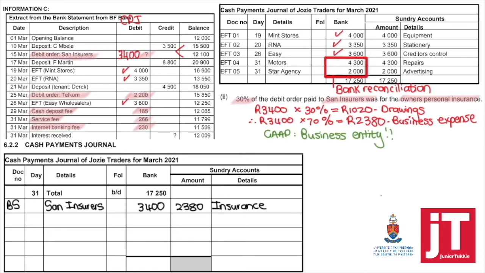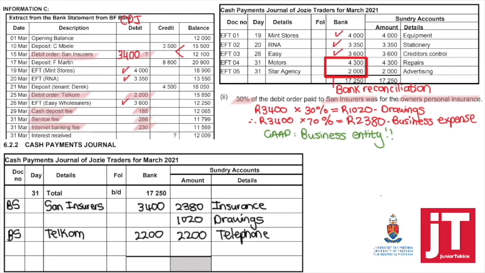who did we pay? SAN Insurance. How much did we pay? 3,400 in total, but 2,380 was for insurance, for business expense, and 1,020 was drawings, because the owner took money from the business for personal use.